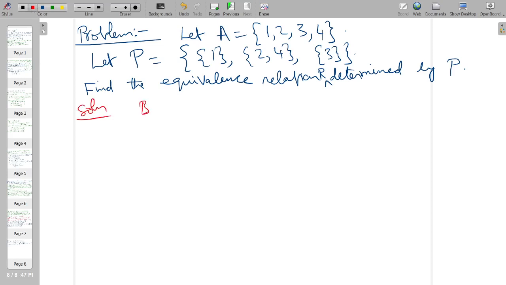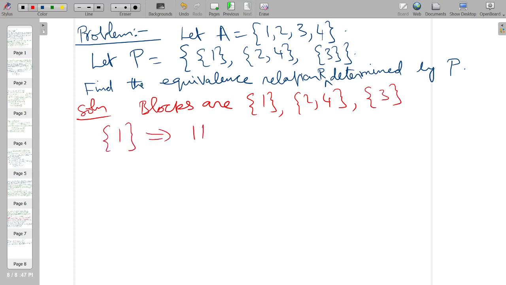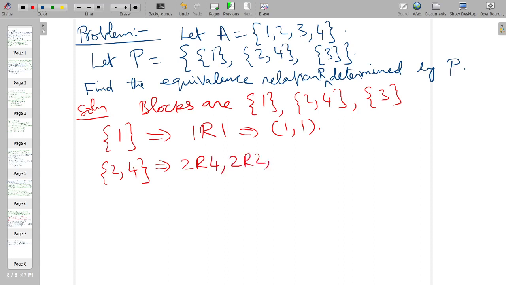Solution. The blocks are the subset 1, the subset 2, 4, and the subset 3. Now when I have 1, this means that 1 is related to 1, which I can write as 1, 1. And when I have 2 and 4, this means that 2 is related to 4, 2 is related to 2, 4 is related to 4, 4 is related to 2.